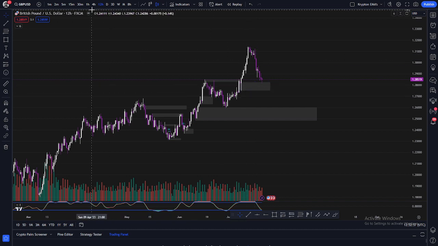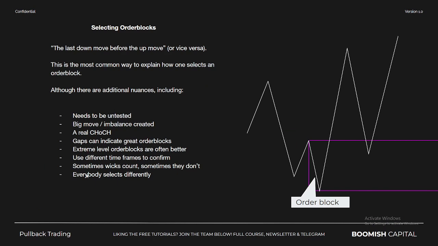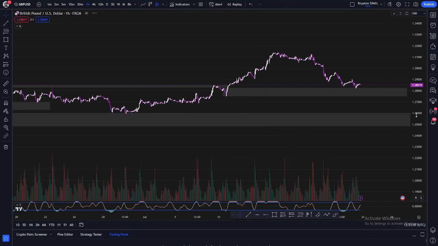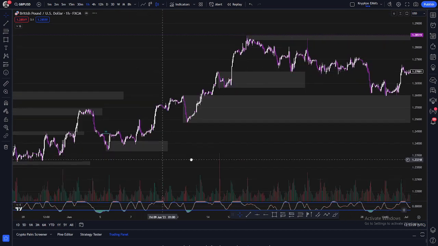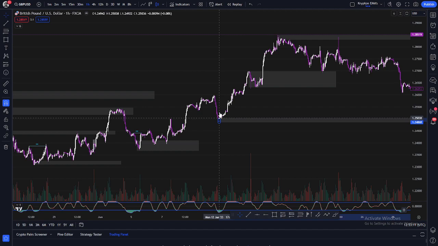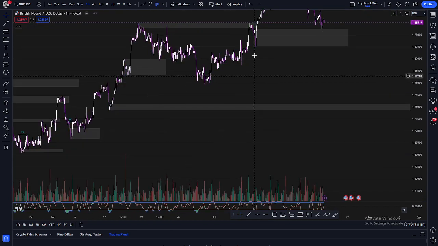Now I usually like to play them a bit safer, right? So as I said here, extreme level order blocks are often better, right? So I decided with this order block that I would rather have this more or less as my order block, and wait for this to come down here, test and run.